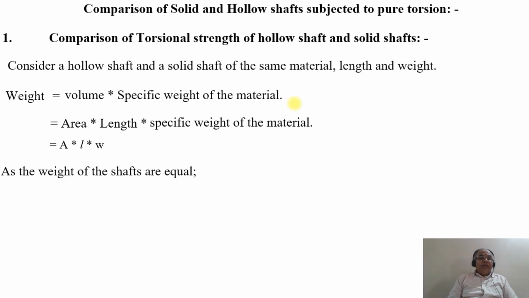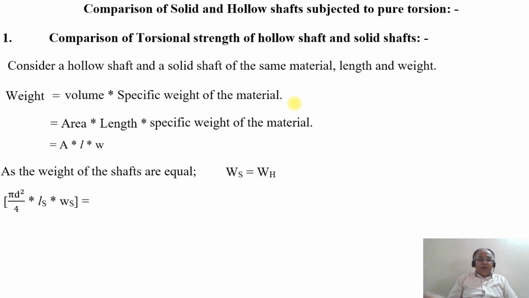As the weights of the shafts are equal, the weight of the solid shaft will be equal to the weight of the hollow shaft. So the weight of the solid shaft is area into length into specific weight.